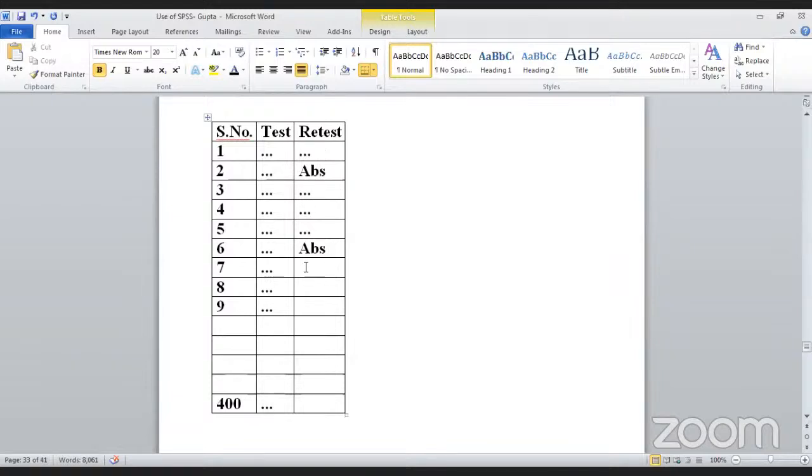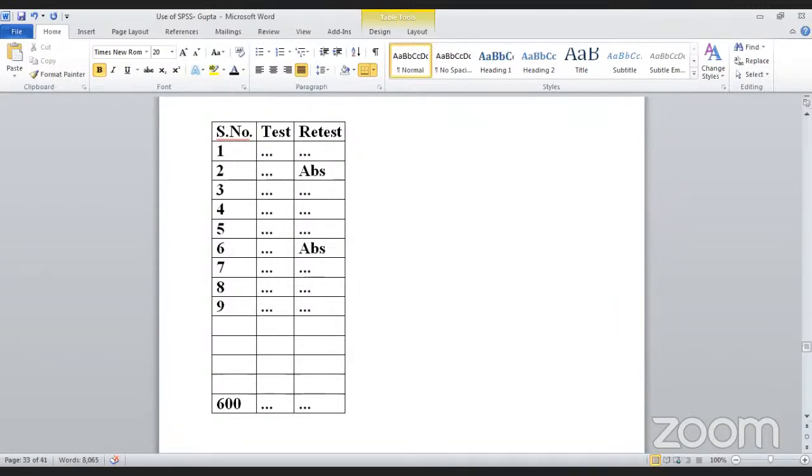Then this person was there, this person was there, and this person was also there. Now you have to take the score of those people who were present in the test as well as in the retest. So your number will be less than 600. It's not 400, it is 600. So it will be less than 600.